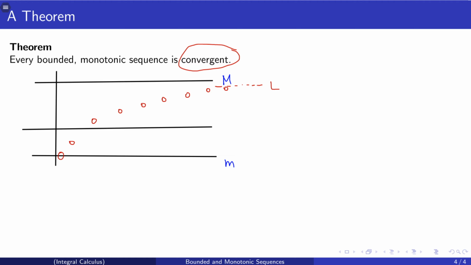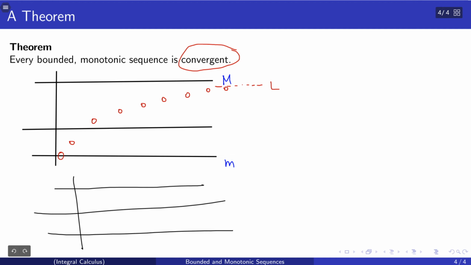If your sequence is decreasing, then it's the lower bound that you might be approaching as n goes to infinity. Right? But again, it might not necessarily be L as well. Right? The limit may be something slightly larger than your lower bound.